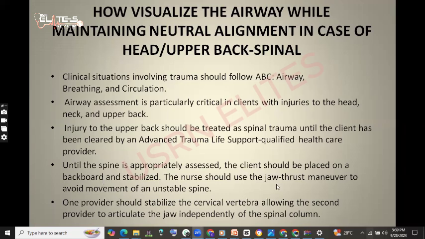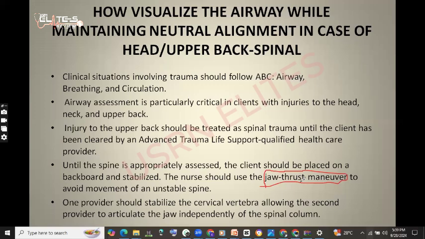Then this is the key word here. When you have spinal injuries and you want to take care of the airway, this is the key word. You have to use the jaw thrust. Maybe to show you pictures so that you see how it is. We have the chin lift, head tilt, and we have the jaw thrust also. They are very different.